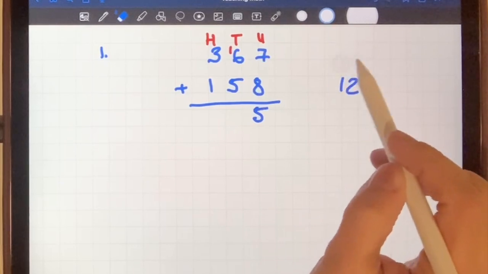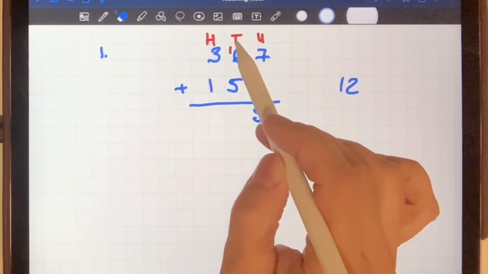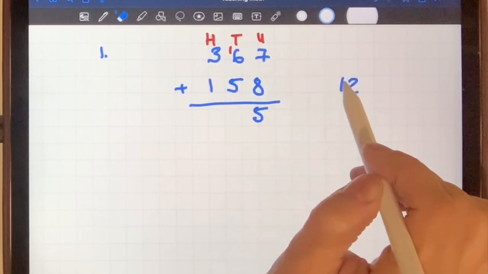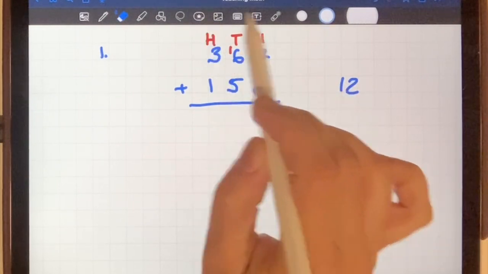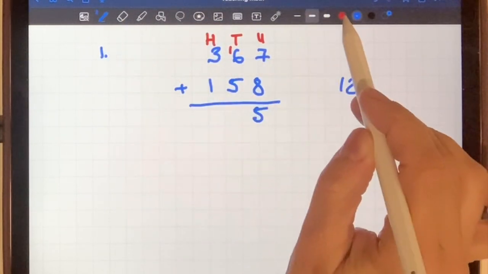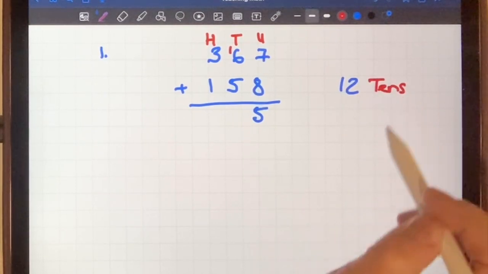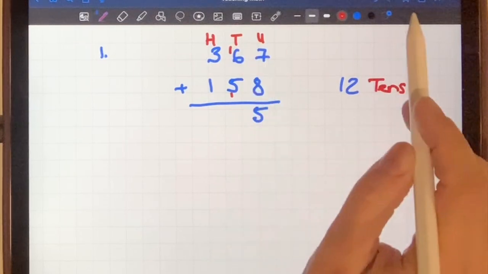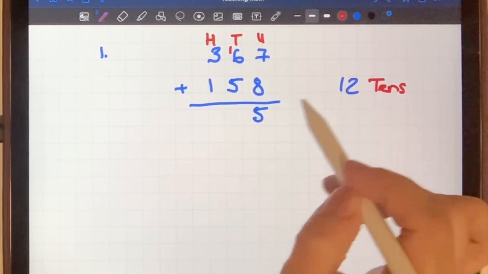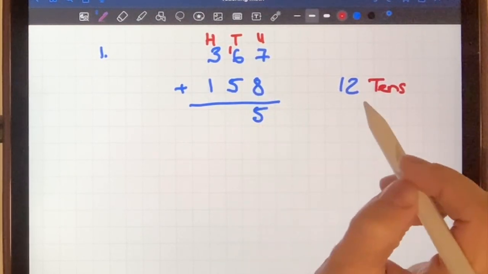Okay, so in our tens column, we've got 12 tens. We've got 12 tens. That's what that means. So we can only have one digit.